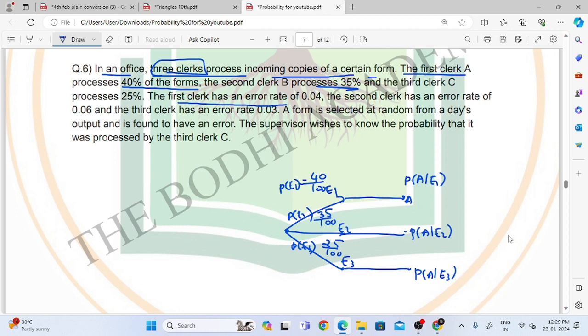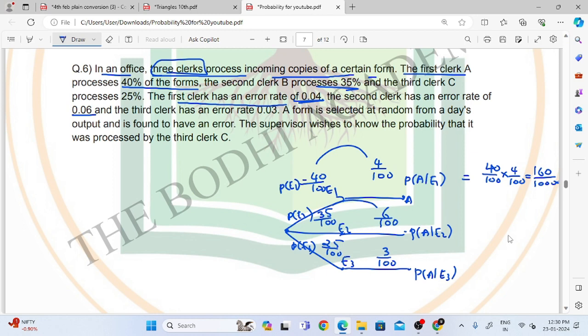It is already given that the first clerk making an error is 0.04. So 0.04 we can write as 4 upon 100. The second clerk making an error is 0.06, that is 6 upon 100. And the third clerk making an error is 0.03, that is 3 upon 100. Then what you have to do is just multiply this into this. So you will get 40 upon 100 into 4 upon 100. In the denominator you will get 4 zeros, and 40 into 4 is 160.